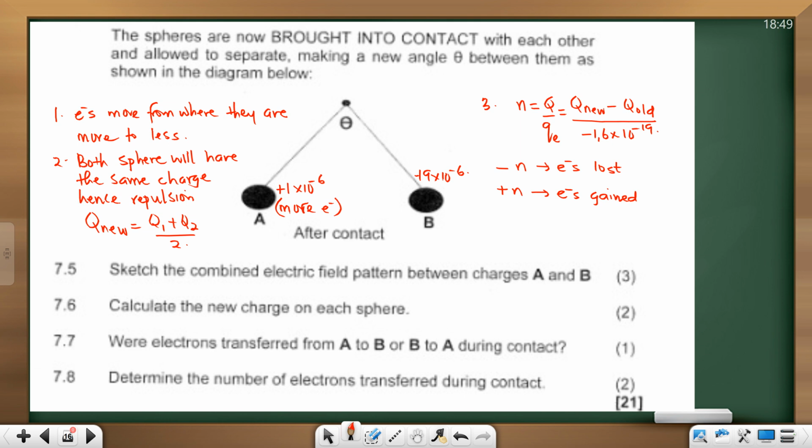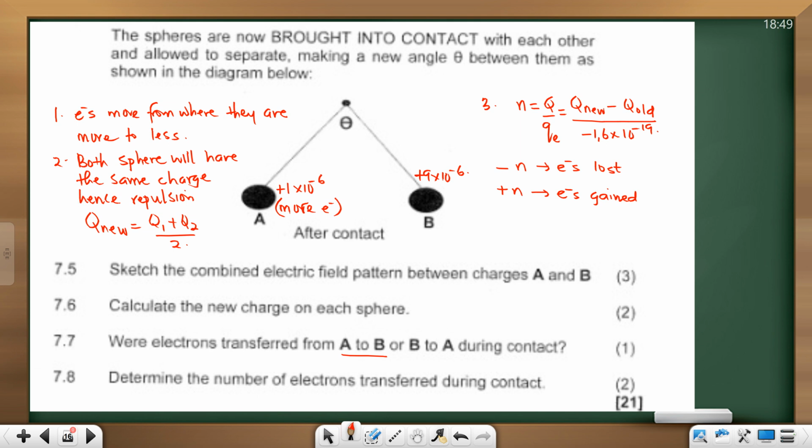So where electrons transfer from A to B or B to A, it's A to B. How do you get the new charge? I've given you the formula. Q new is equal to Q1 plus Q2 over 2, and both of them would have the same. How do you calculate the number of electrons? N equals Q over Qe.